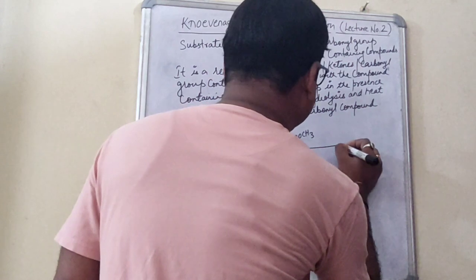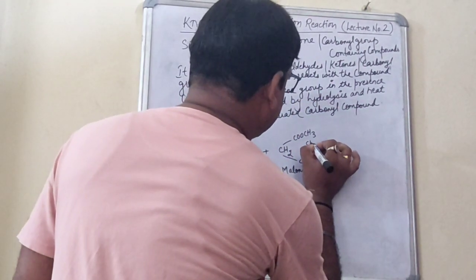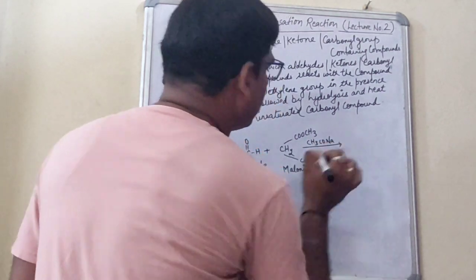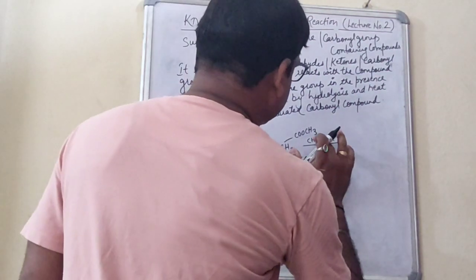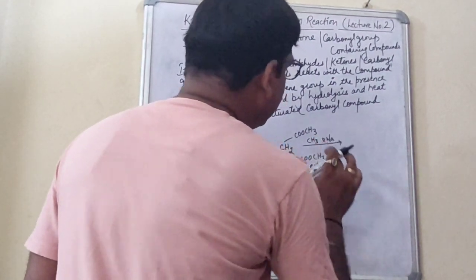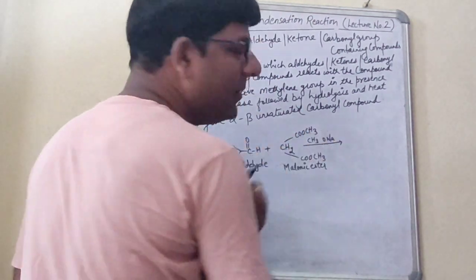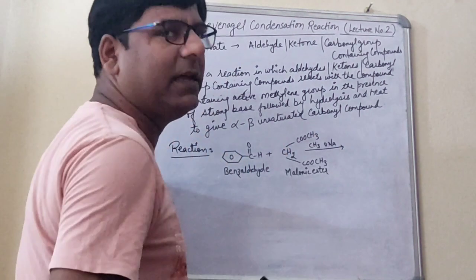In the presence of what? In the presence of a strong base. Now for the strong base, I am taking CH3ONa, that is sodium methoxide, which can be dissociated into CH3O minus and Na plus.